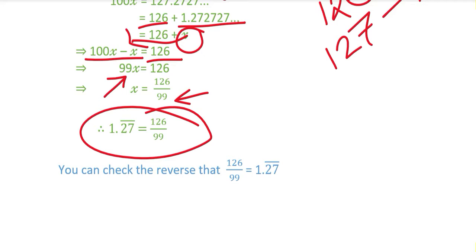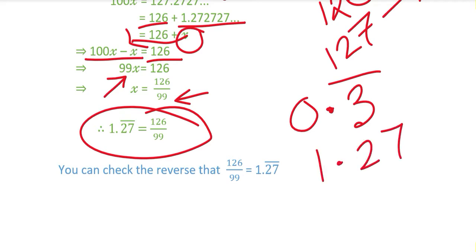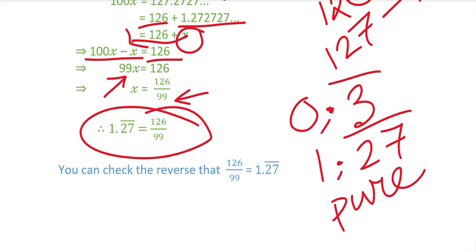So both these examples, 0.3 bar and 1.27 bar, are examples of pure recurring decimals. Why? Because just after the decimal the repeating block starts.